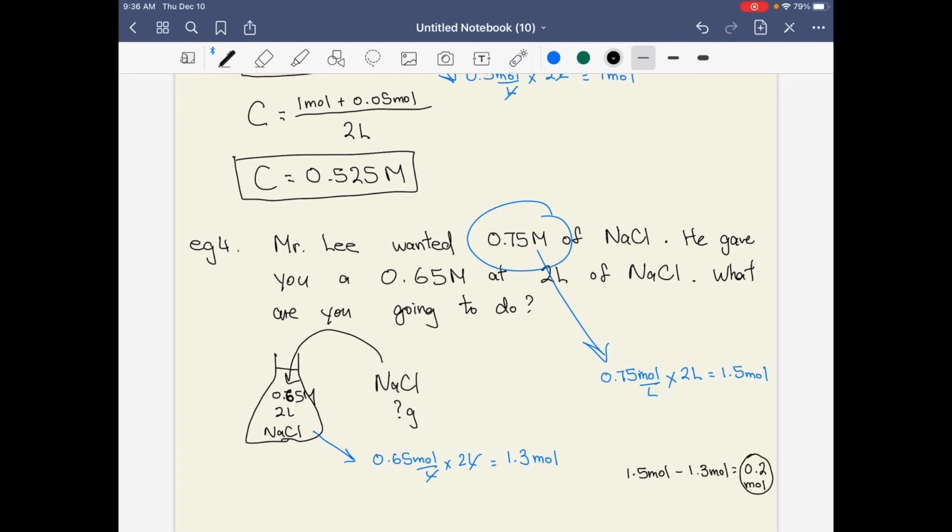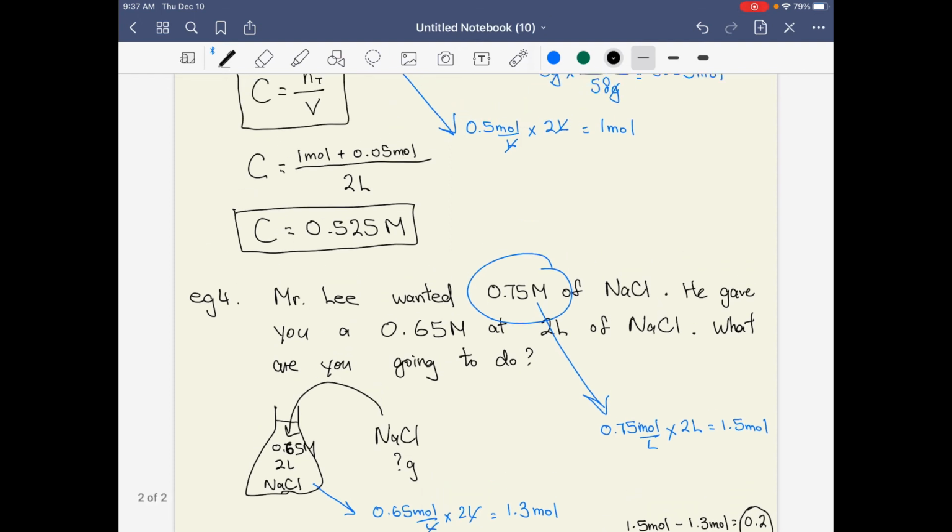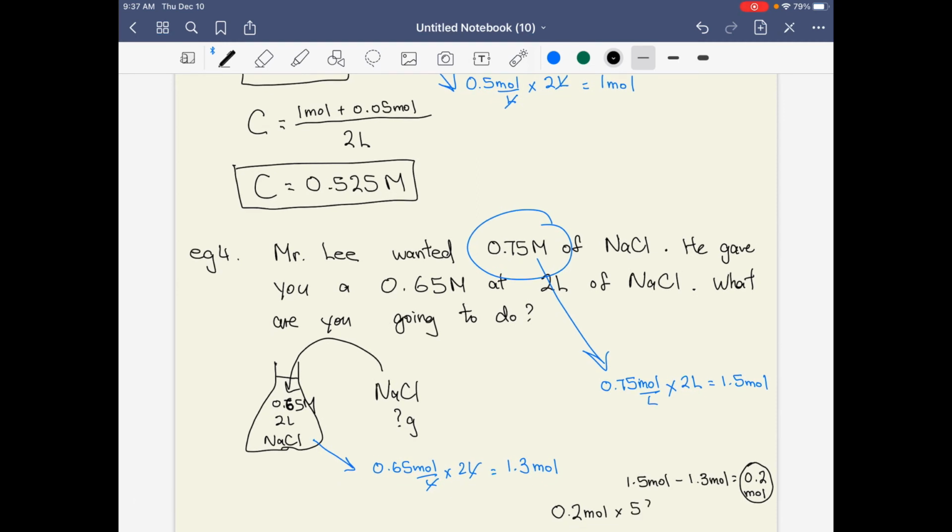You're going to add 0.2 mole of NaCl into this Erlenmeyer flask. But as I said earlier, there's no such thing as a mole balance in this world. Nobody invented one, because you would have to invent a balance for every single compound. That's ridiculous. Who would invent something stupid like that? So what you need to do here is turn moles back into grams by multiplying it by 58 grams per mole.